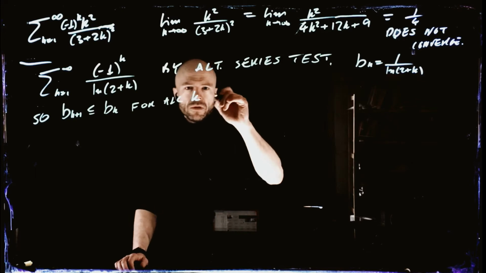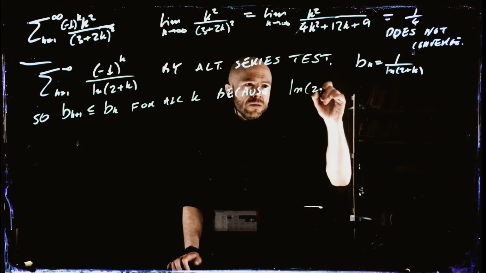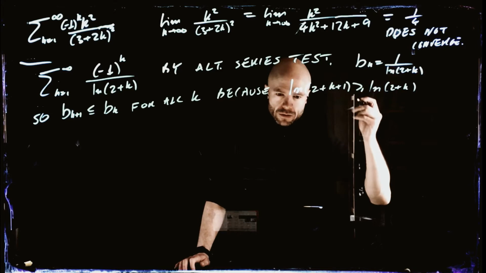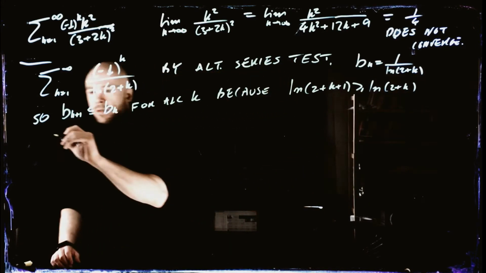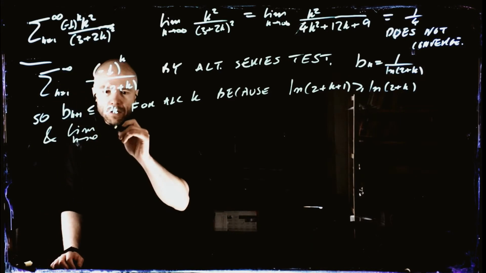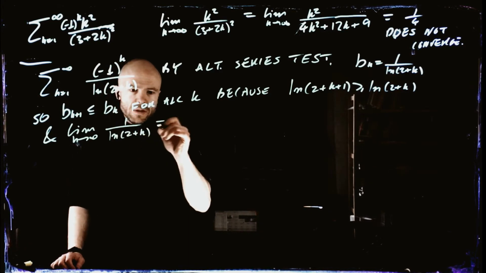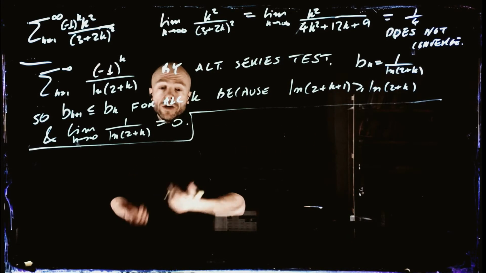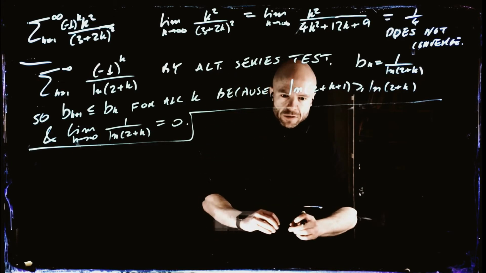Because log of 2 plus k plus 1 is definitely bigger than log of 2 plus k, because log is an increasing function. So it's definitely decreasing. And the limit as k tends to infinity of 1 over log of 2 plus k is equal to 0. It is rather easy to detect if something is converging if it's an alternating series. All we need is the terms to be decreasing and to go to 0.